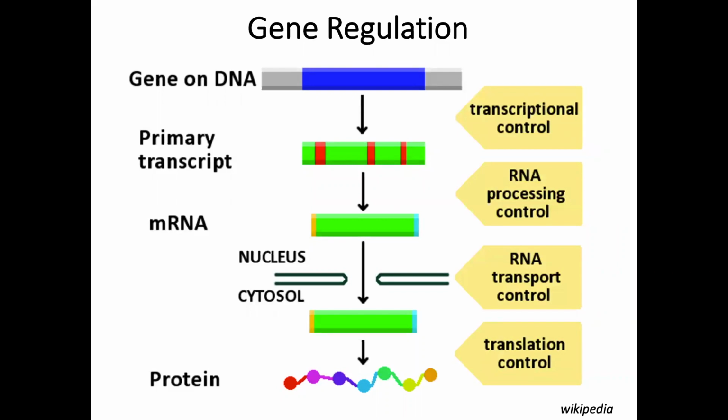Based on the phase of gene expression, gene regulation can be controlled at 4 different stages. Transcriptional control regulates the efficiency of transcription; RNA processing control regulates the process of pre-mRNA to mature mRNA; RNA transport control regulates the delivery of mRNA to the cytoplasm; and translational control regulates peptide synthesis on the ribosome.